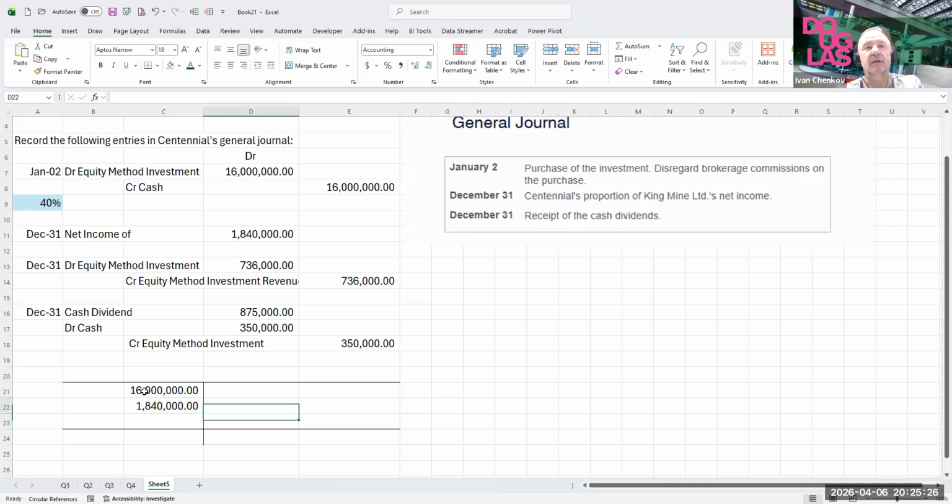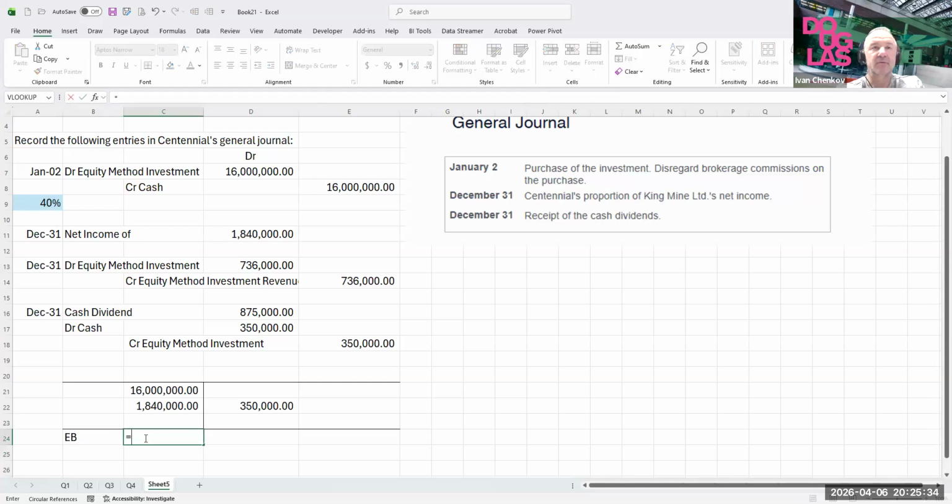And then we get a dividend of 350,123. So our ending balance in this account will be this one plus this one minus that one. Boom, done. That's how much our investment on the equity method is on the balance sheet. Do we have to revalue at the end of the period? No, because it's already at fair market value.